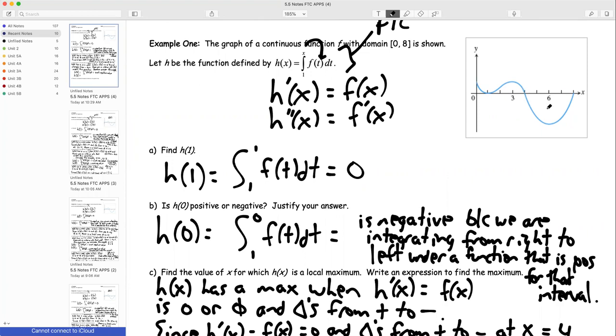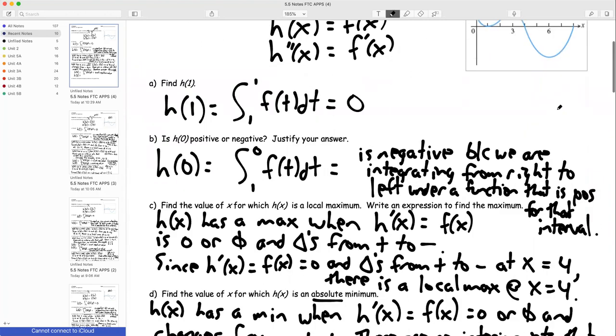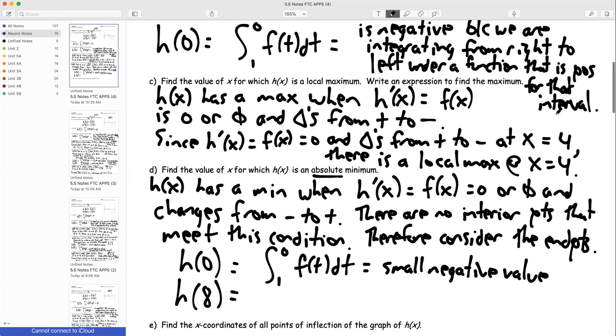But then this area below the curve is negative, meaning that there is more net negative area at this endpoint because of all this negative area under the curve. Therefore, my absolute minimum will be at the endpoint of 8.